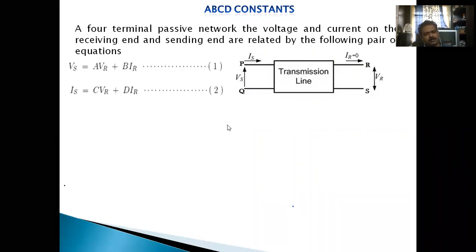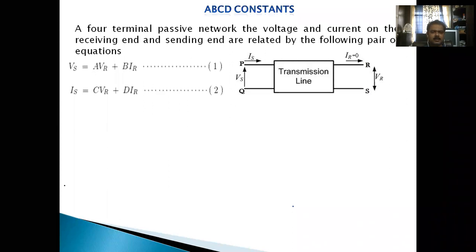We have already learned in networks how to represent 2-port networks using Z parameters, Y parameters, hybrid parameters, inverse hybrid parameters, and the transmission parameters. These are also called chain parameters, general circuit parameters, or simply T parameters, T standing for transmission line parameters.